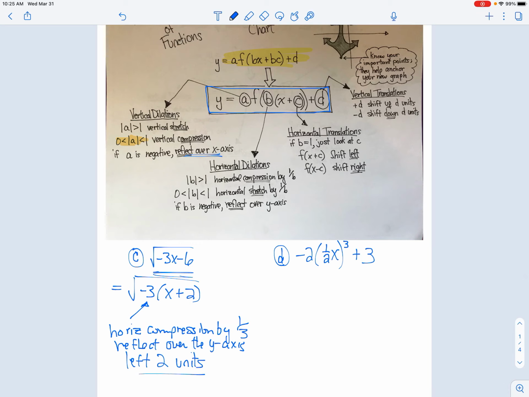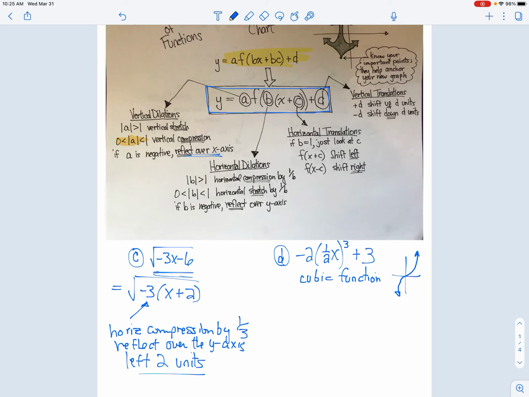All right, letter D is negative 2 times (1/2 x), the whole quantity, cubed plus 3. This is a cubic function. So I imagine, this is a rough sketch, not to scale, but it has that shape. And what's happened here?